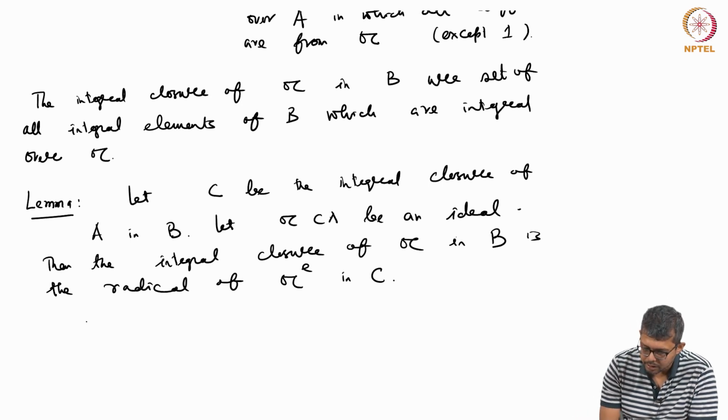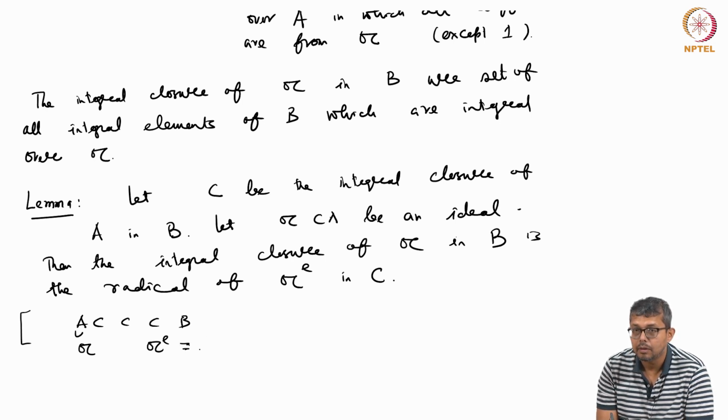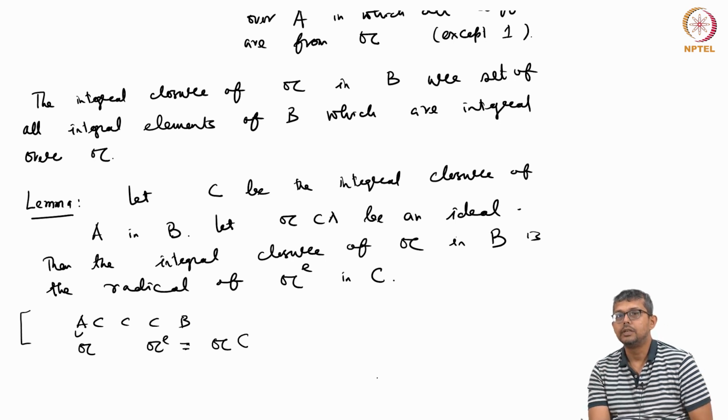You have A, C, B. So you have the ideal 𝔞, and 𝔞^e is nothing but the extension in C, that is, 𝔞C, the extension of 𝔞 in C, because after all, the integral elements should be in C, because C is the integral closure.